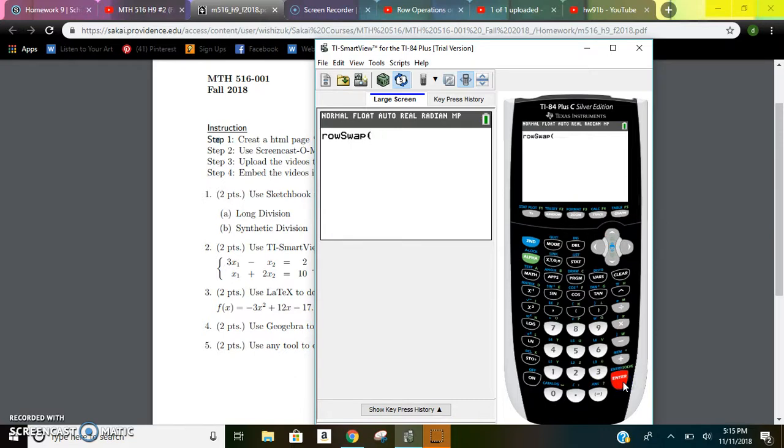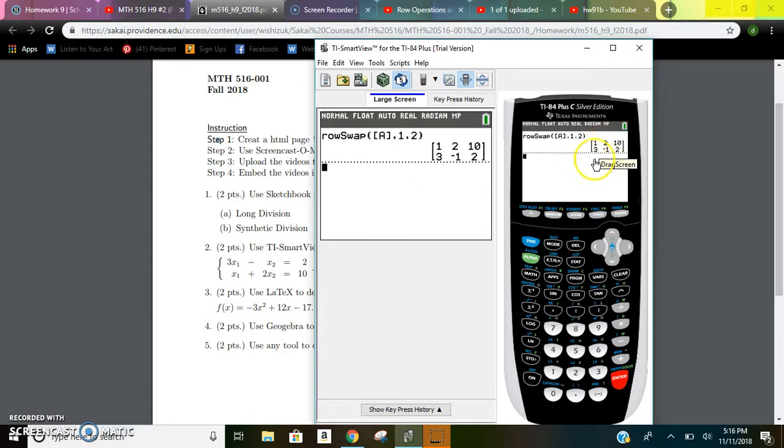And now when we enter in here, we have to tell the calculator what matrix we're working on. So second matrix, select A, comma, and now we tell it what 2 rows to swap. We want to swap row 1, comma, with row 2. And close the parenthesis at the end, hit enter, and there we go. So we already have a 1 in the top left corner like we want.